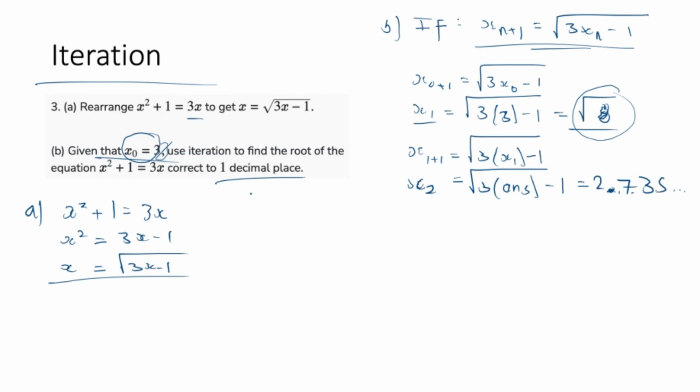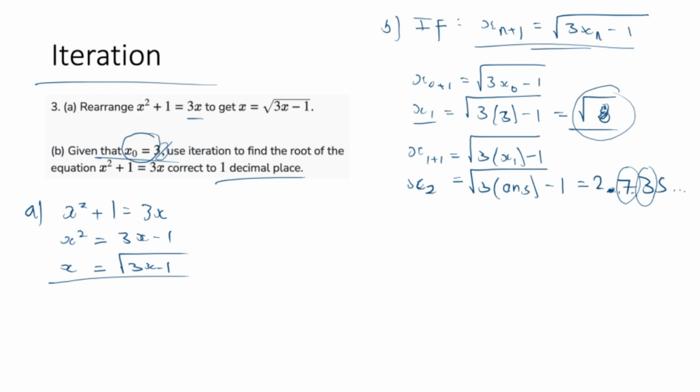2.735. Now the question is asking you to find it correct to the first decimal place. So essentially what we're trying to find is when the first decimal place, the 10th term, will remain constant, and then when the second decimal place, the 100th term, remains constant, because the first decimal place depends on the 100th term when you're going to round it. So we're going to need a constant 10th term and a 100th term.